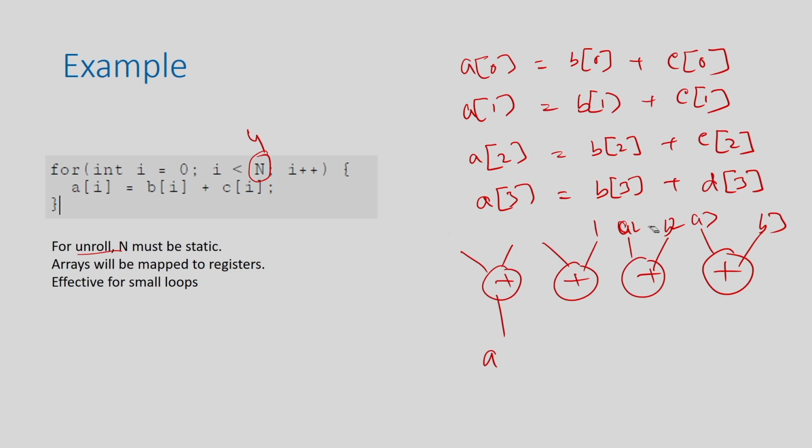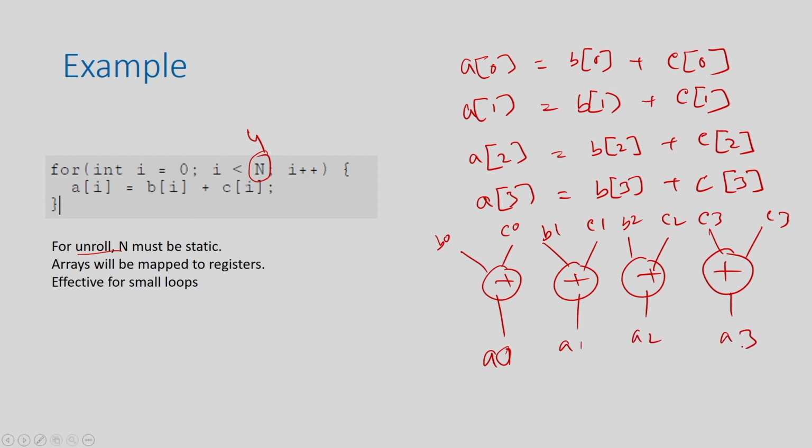So, this is B0 C0, B1 C1, B2 C2, B3 C3, and this is A0, A1, A2, A3, right. So, this is what we can do, and you can understand that I can do the things in a single cycle. Okay. But your resource requirement is 4, right.